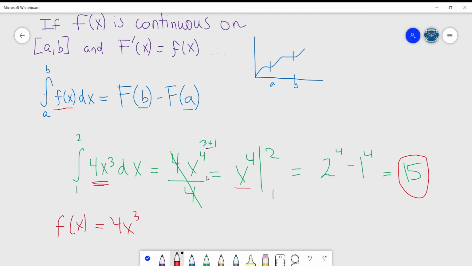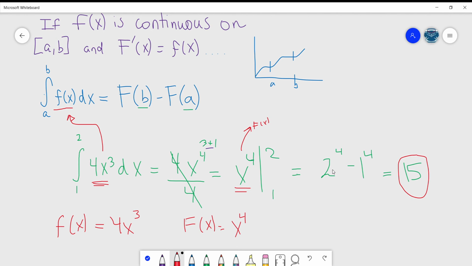And so we do the integration, and we come up with the integral as being x to the 4th, which is also right here. So here's little f of x, and here is big F of x. It's important to recognize what big F of x is, and what little f is.